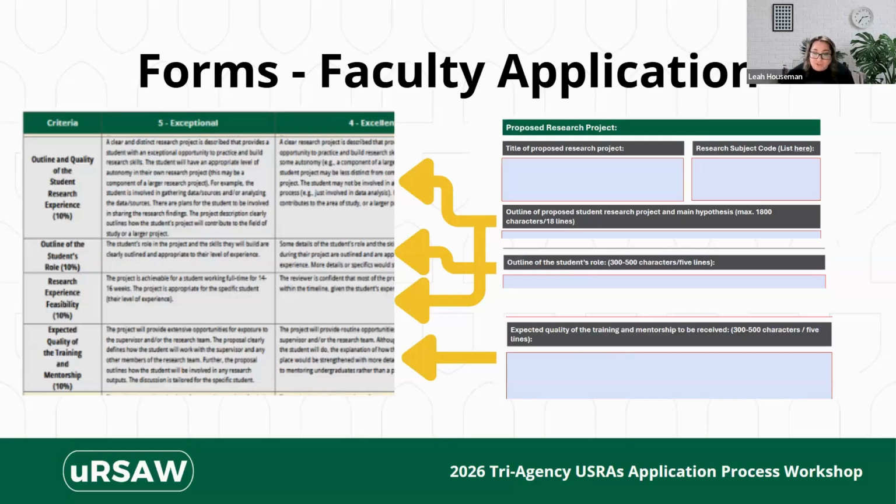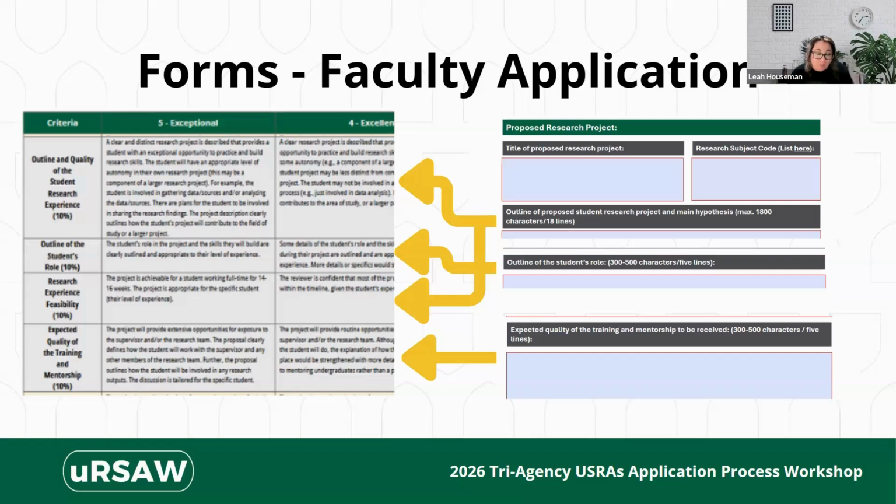And then another question about students from other universities applying. So yes, other students from non-USASC institutions can apply. They have to apply with a USASC faculty member though. If you are working with a USASC faculty member and you want to apply, but you go to another institution, that is totally okay.